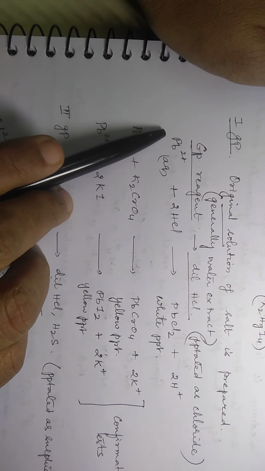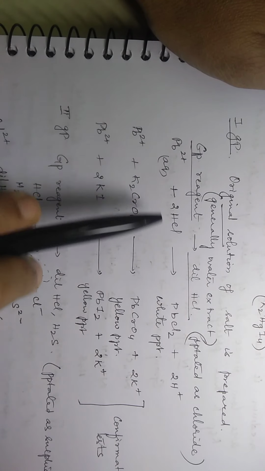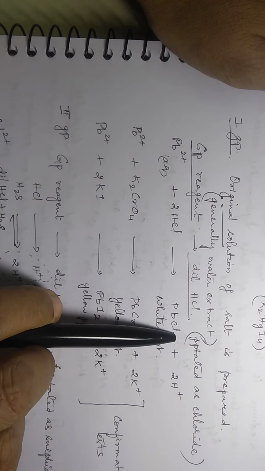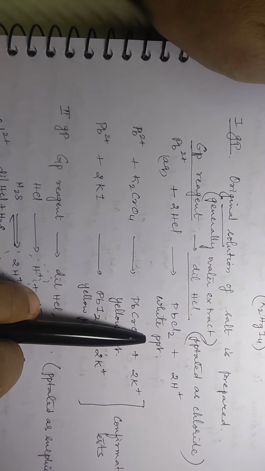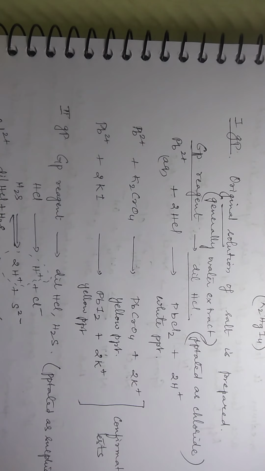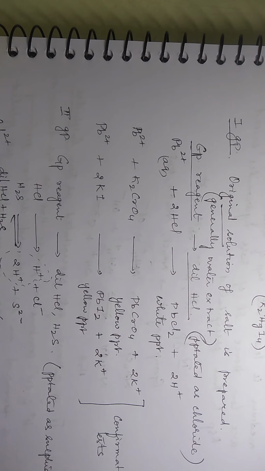Then the lead ion present in the water extract will get precipitated as its chloride in the form of a white precipitate. So if you get a white precipitate, it is understood that your cation is in the first group, and in the first group lead and silver are there. Obviously nobody will give you a silver salt in school, so it is a lead salt.